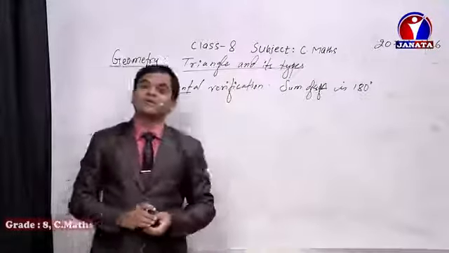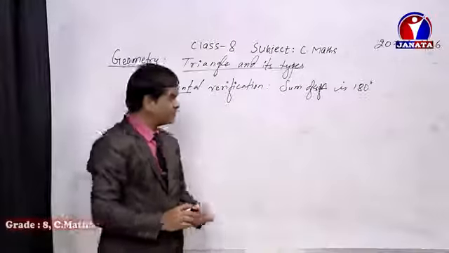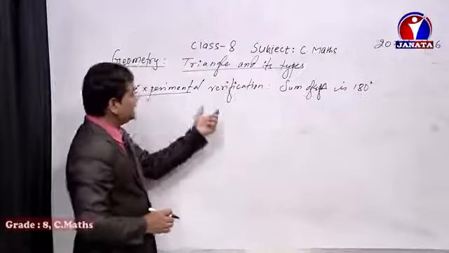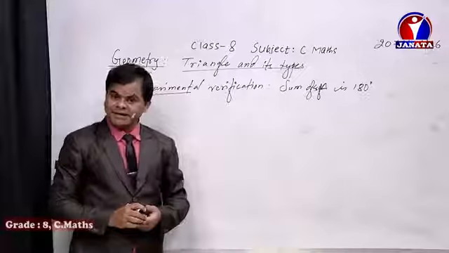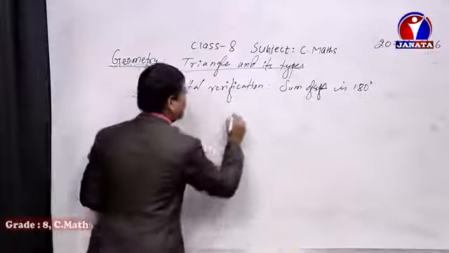Whether the triangle is bigger or smaller, it doesn't matter. The three angles sum altogether becomes 180 degrees. If you have to prove experimentally, then what you have to do? First of all, you need to make at least two figures.